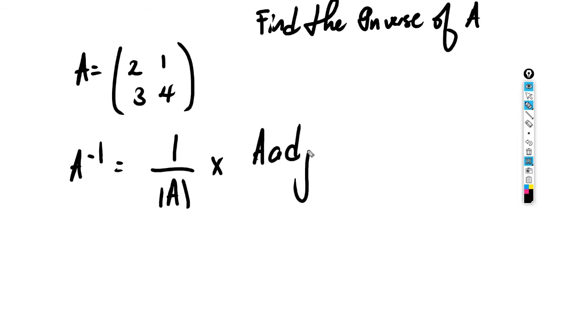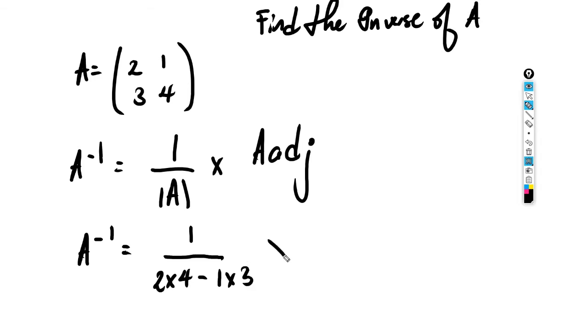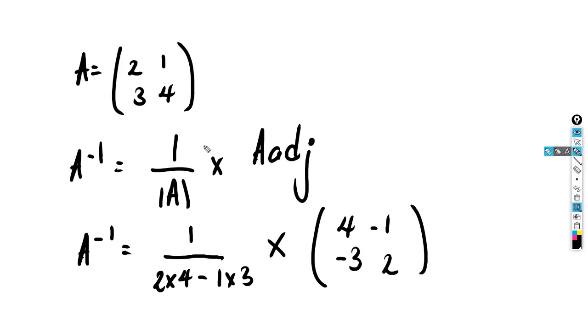So A to the negative 1 is equal to 1 over 2 times 4, that's the main diagonal, minus 1 times 3, which is the other diagonal, multiplied by A adjoint, which should be 4, 2, you switch the main diagonal, and negative 1, negative 3. Not bad.